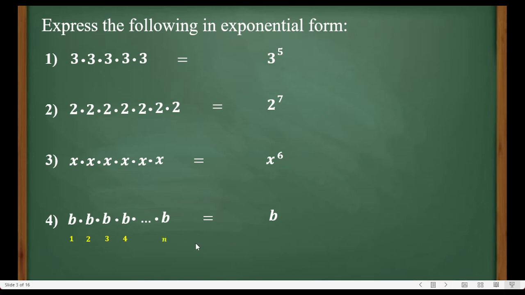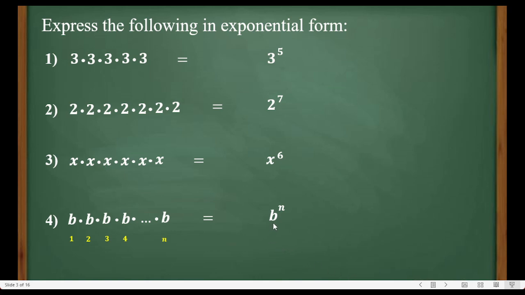Okay. So b is to be raised to what? Since this is the last number, let's just say this is b to the nth power. Okay, so number 4 is actually the generalization of what we did from numbers 1 to 3.